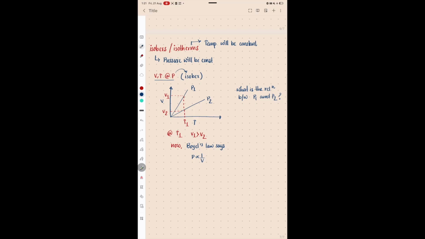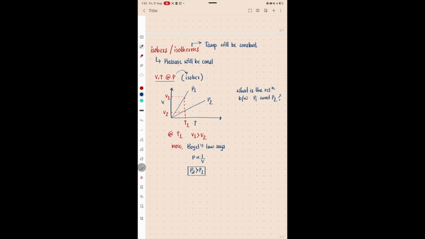So that means at constant temperature, the gas which has higher volume must have lower pressure, and at the same temperature, the gas which has lower volume must have higher pressure, right? So from this we can tell that P2 must be greater than P1, right?